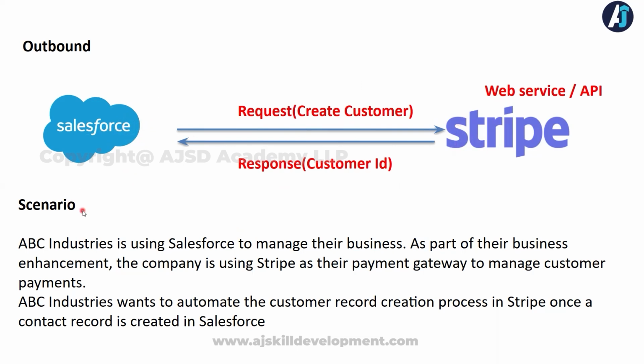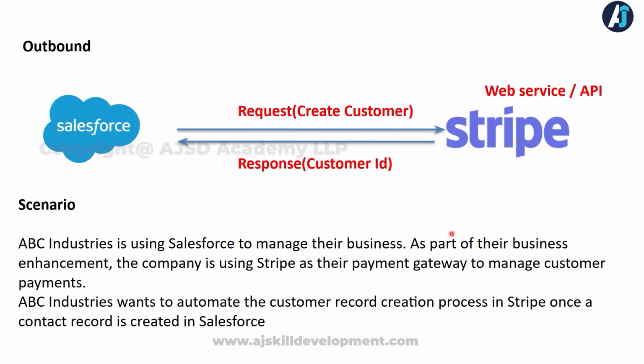So let's take the scenario. ABC Industries is using Salesforce to manage their business. As part of their business enhancement, the company is using Stripe as their payment gateway. Once the opportunities are closed, they ask the customers to release the payment. The payment is entirely managed by Stripe, the payment gateway system, which is a third party system.